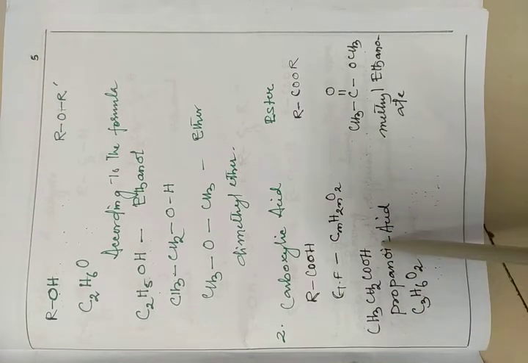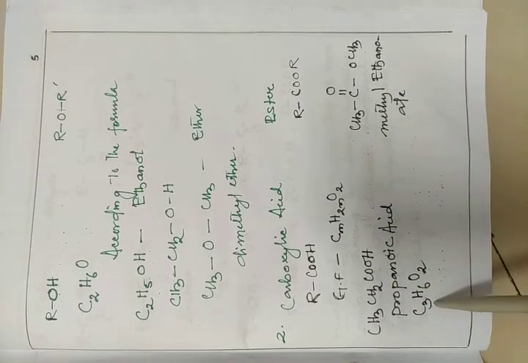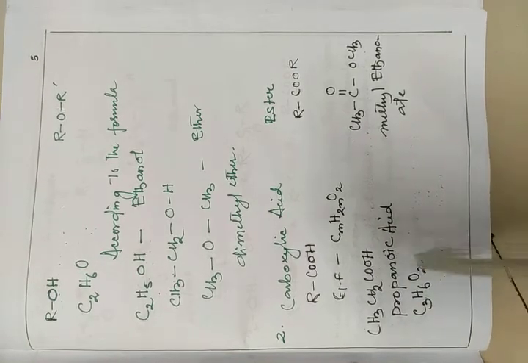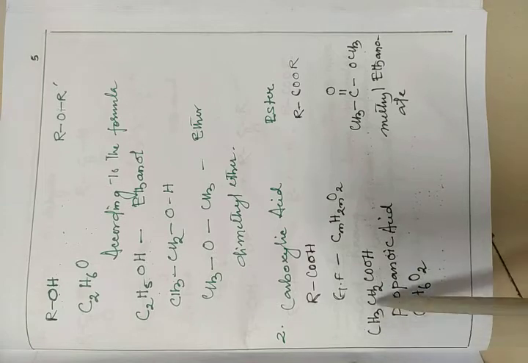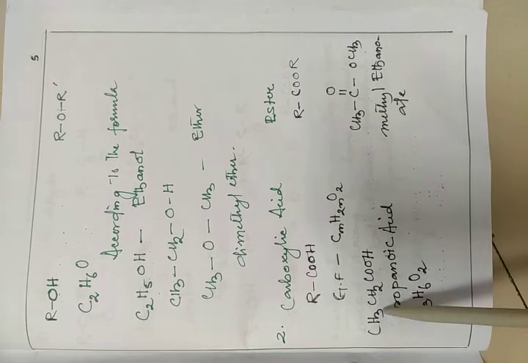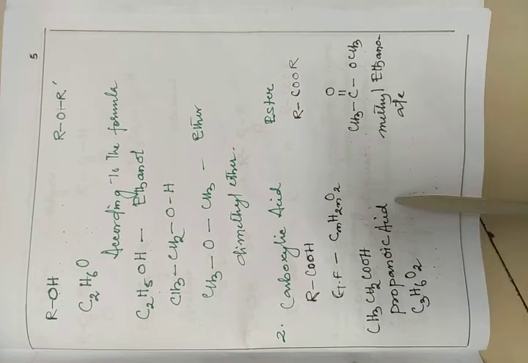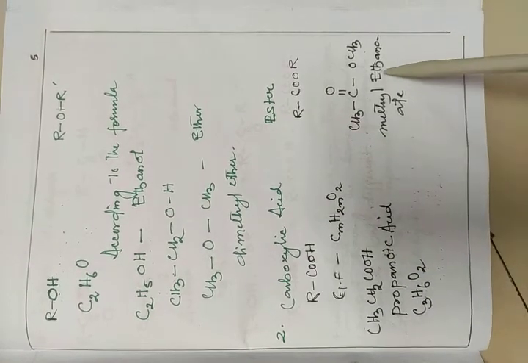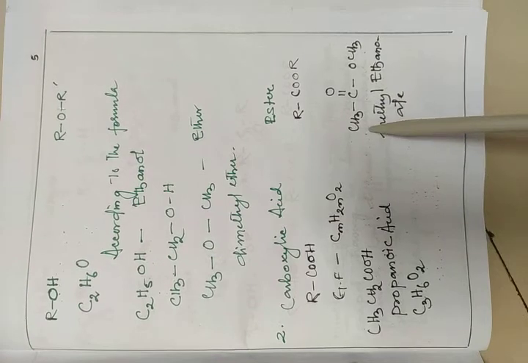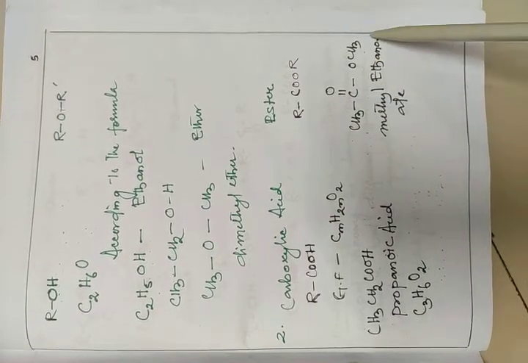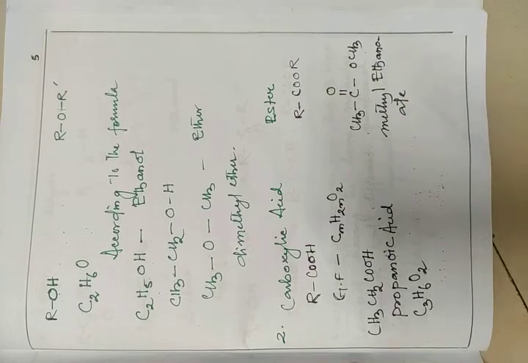So propanoic acid is C3H6O2: O2 is here, then C3, 1 2 3, then H6 is there. That is propanoic acid. So this one we will draw in ester form: CH3, then C double bond O, then OCH3, so methyl ethanoate.